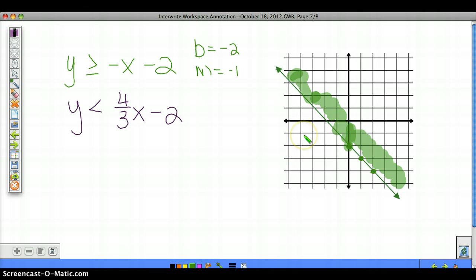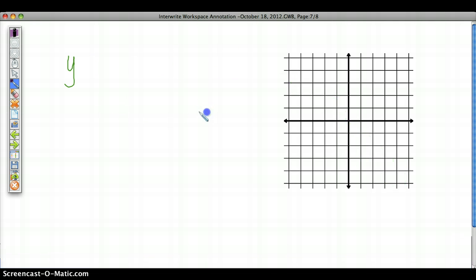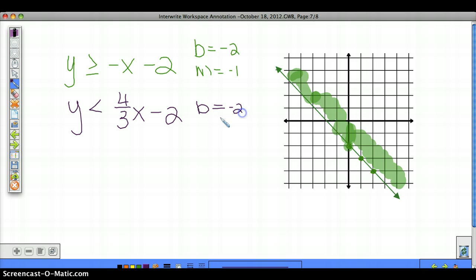So now we're going to move to our purple line. We're going to totally forget about the green one for now and go to our purple. I have a y-intercept of negative 2 again, and then I have a slope of 4/3. So I'm going to first plot my y-intercept of negative 2, and then on this one I'm going up 4 over 3 to follow my slope.